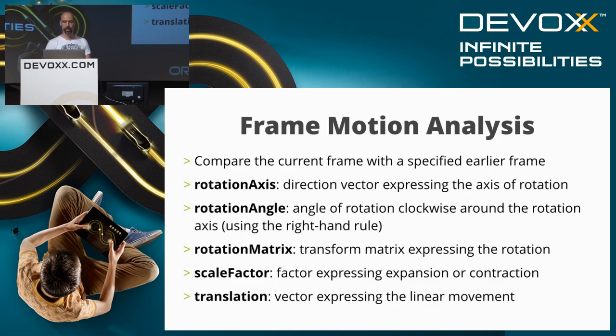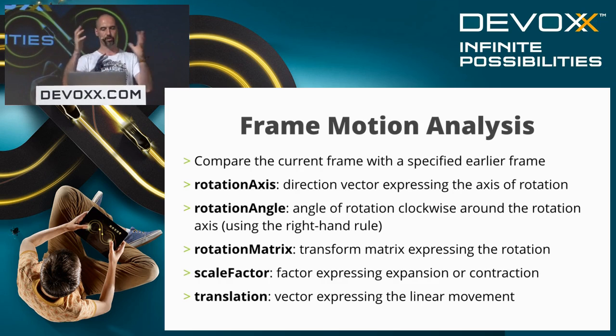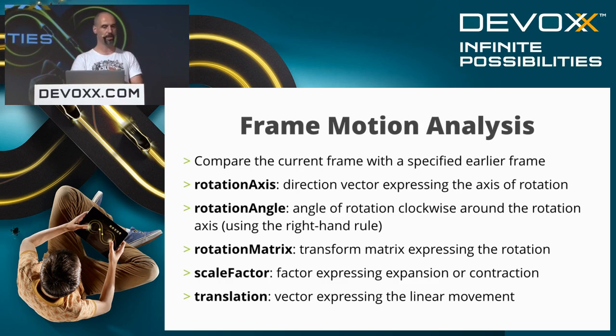So each frame has for you some particular properties that you can directly query. You can see what the axis of rotation is, meaning that the whole movement compared to the previous frame, is it going to be a rotation? Which angle is it going to be? If you want to use transformation matrices, those will be there also.